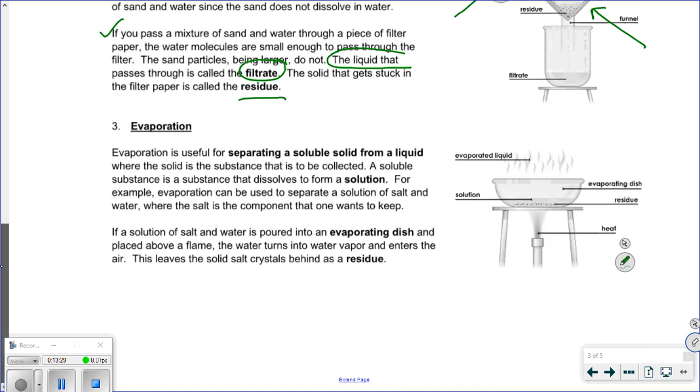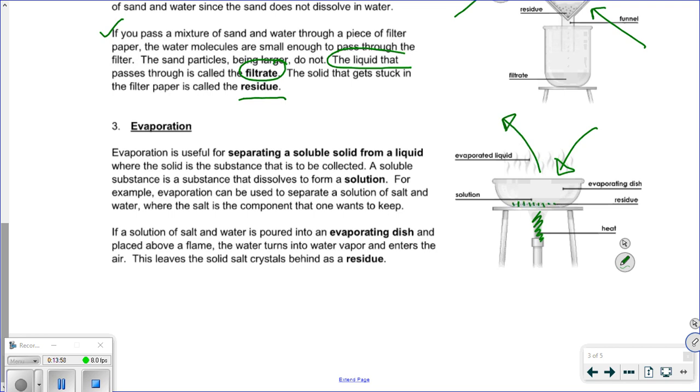Evaporation, I think everybody knows what that is, and probably the most common one is if I have salt water or sugar water. If I filter salt water or sugar water, it's all going to go through. But what we can do is put salt water into a little bowl and heat it up. And then what would happen to the water? The water would evaporate. And then what's left?